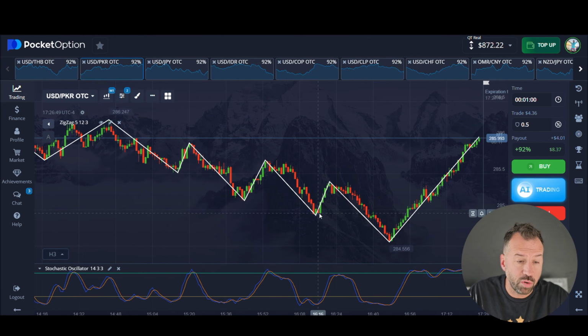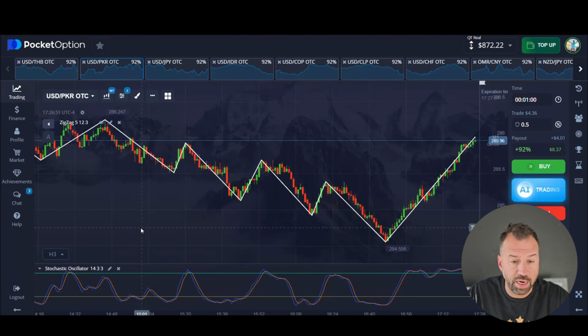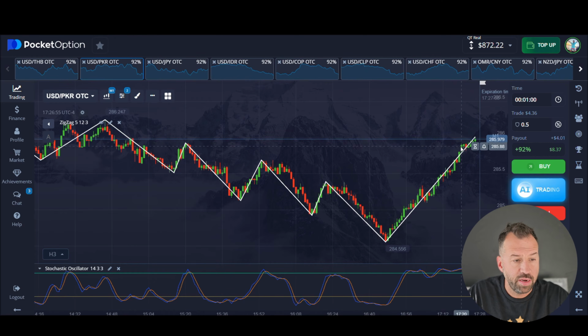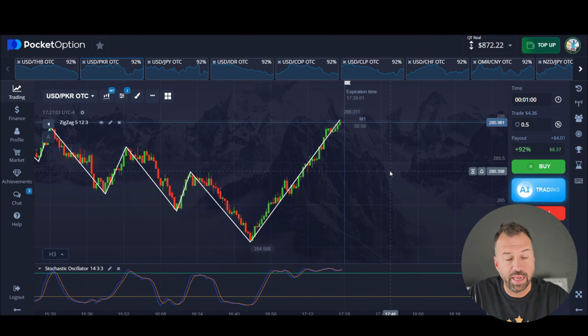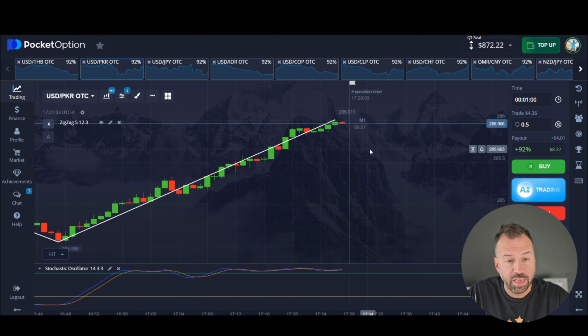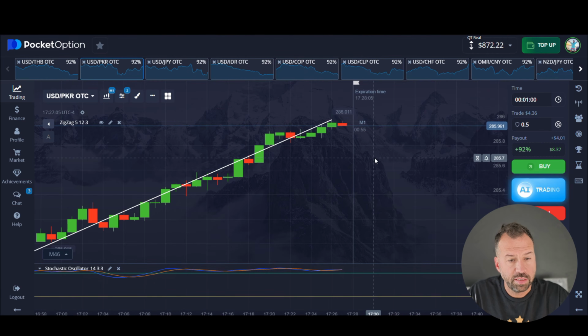Having said that, though, it looks like we are on a reversal from this current downward trend to an upward trend. And with that being said, I'm going to move away from, maybe not.